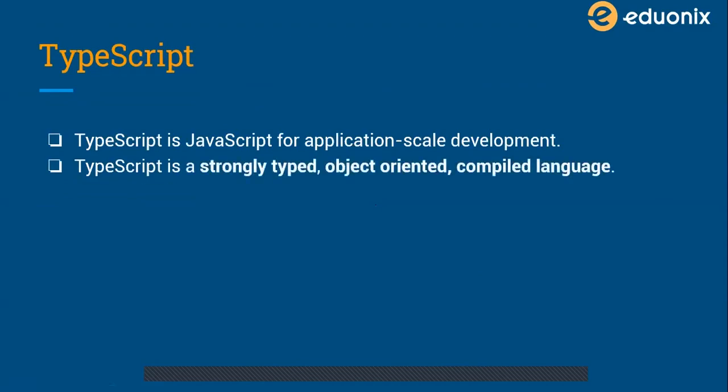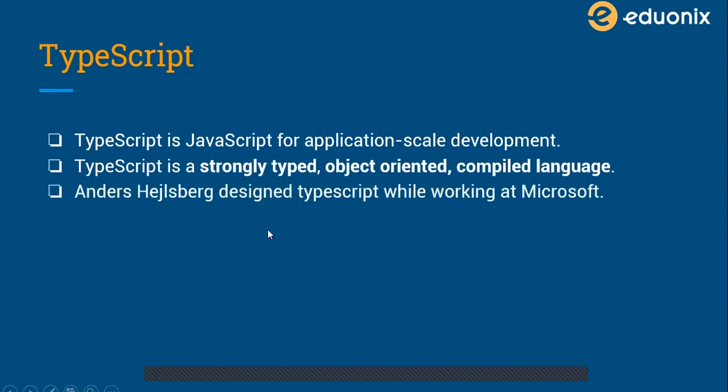It has object oriented programming, and it's a compiled language like other languages such as Java, C, and C++. Because of that, you can use it for big applications, unlike JavaScript, which breaks a little because it has a lot of basic errors.